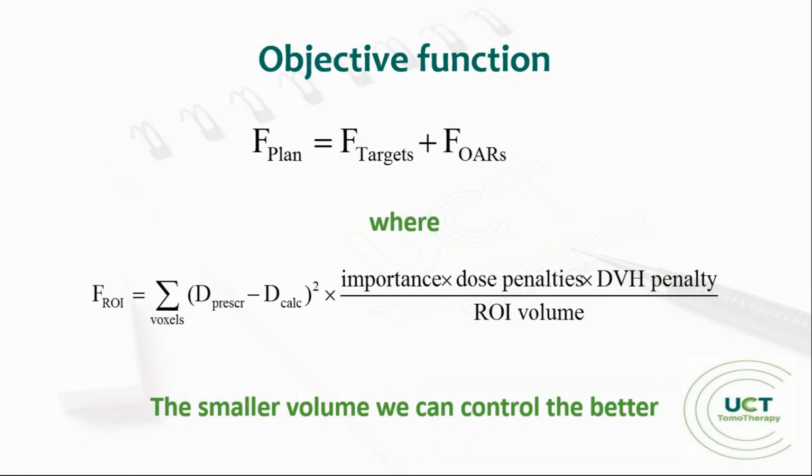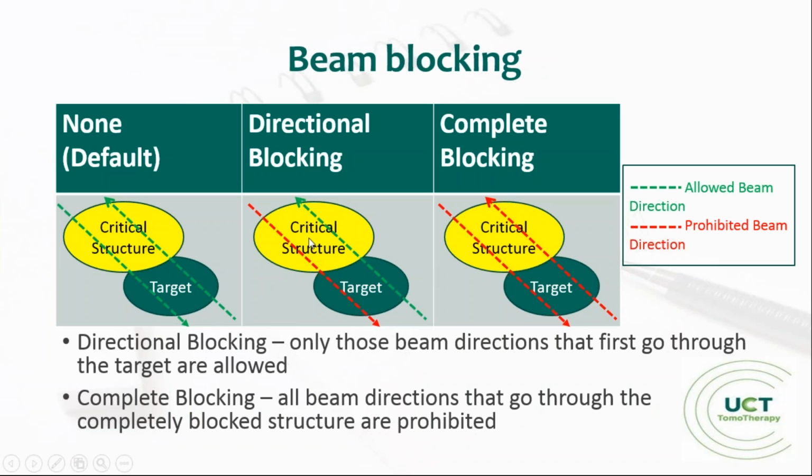Also, one very important thing is blocking. There are 3 types of blocking for critical structures: not blocked at all, directional blocking, and complete blocking.